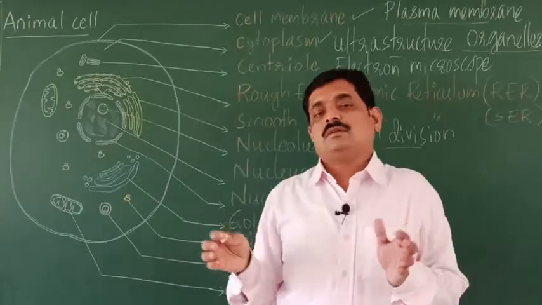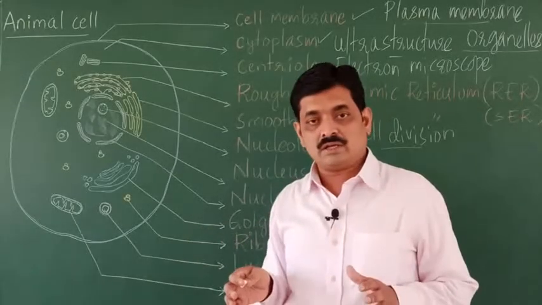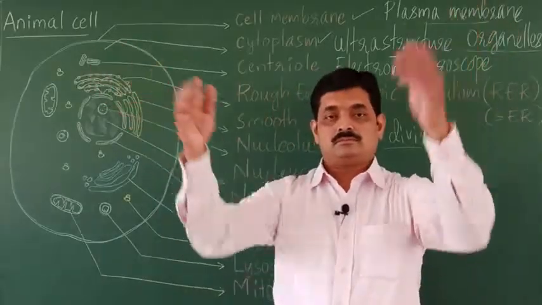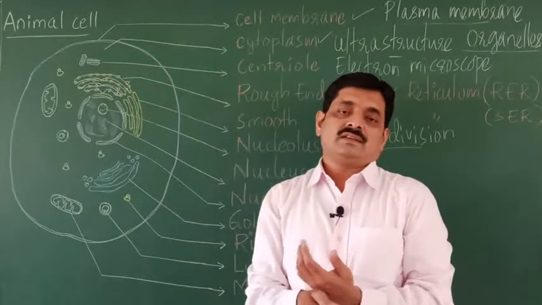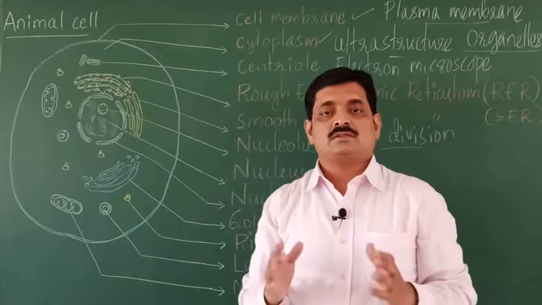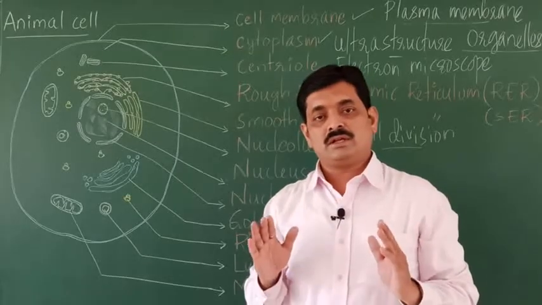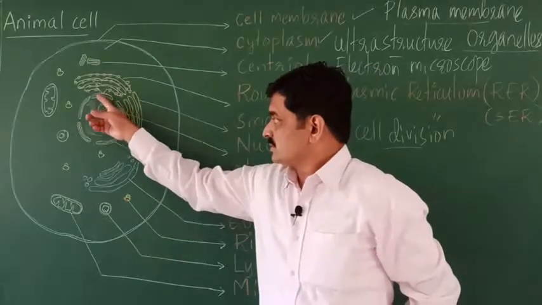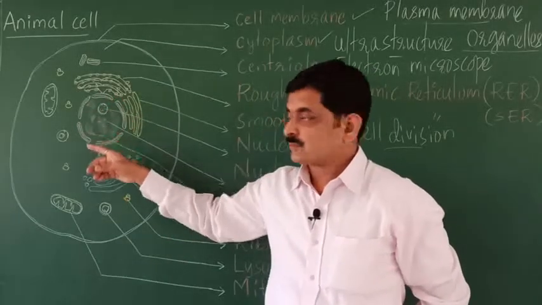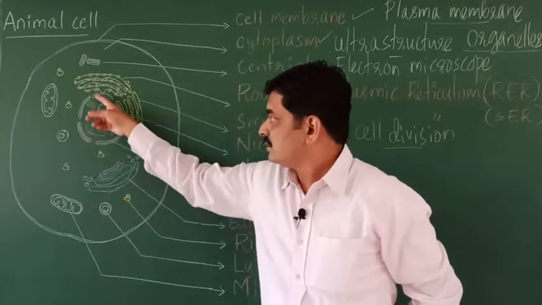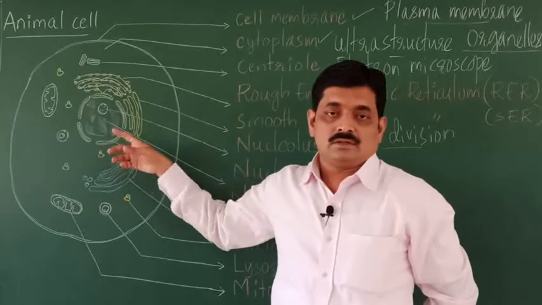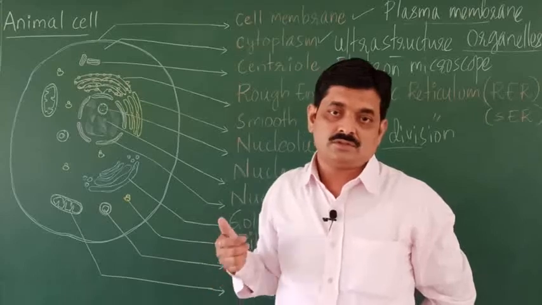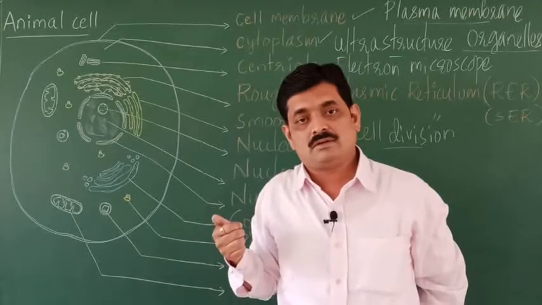It lies very close to the nucleus. Usually it is attached to the nuclear membrane. So this is the nucleus, this is the nuclear membrane, and the endoplasmic reticulum is attached to the nuclear membrane.